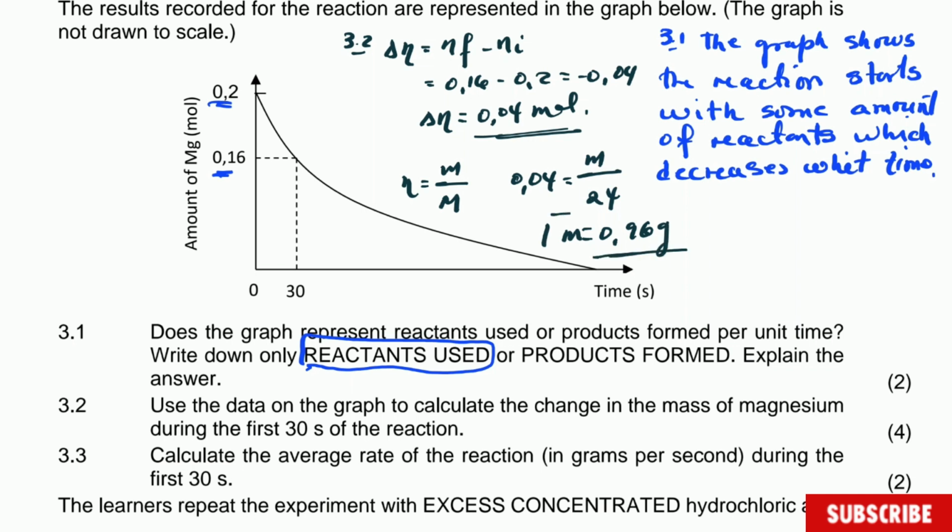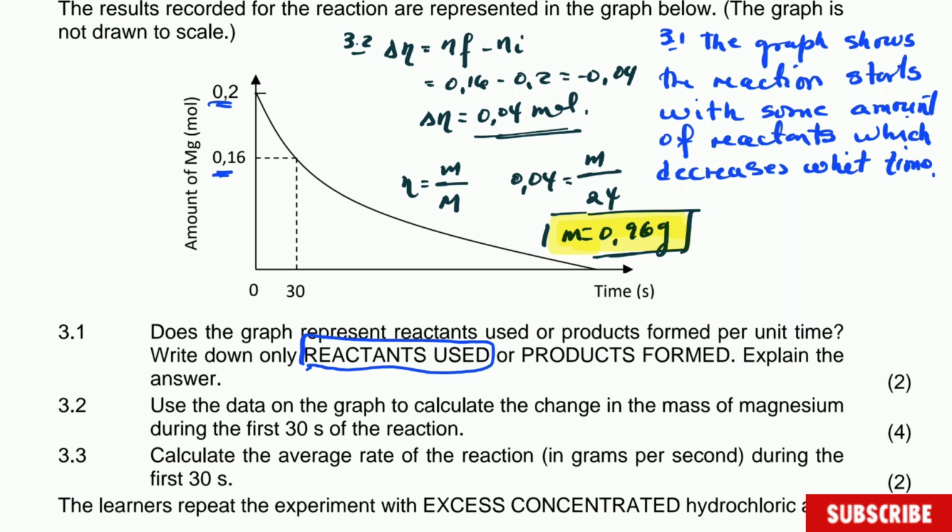Please, that is the answer, but don't get confused. This is not the amount of magnesium used. This is not the total amount of magnesium. This just was the change in magnesium mass from 0 to 30 seconds, or in 30 seconds. That is question 3.2. It is quite simple.